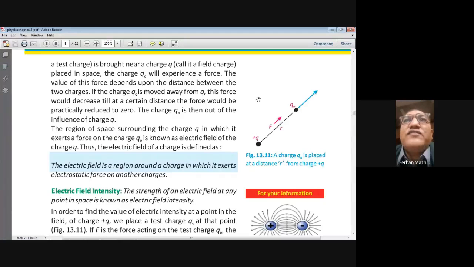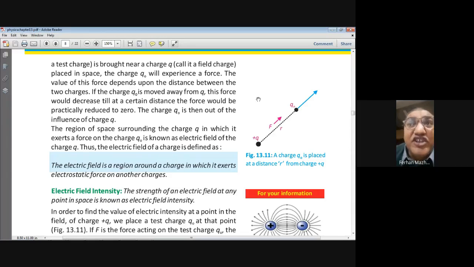The value of this force depends upon the distance between the two charges. If the charge Q naught is moved away from Q, this force would decrease, till at a certain distance the force would be practically reduced to zero. The charge Q naught is then out of the influence of the charge Q.